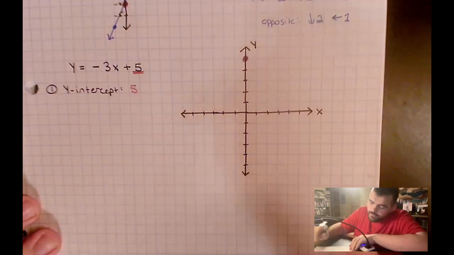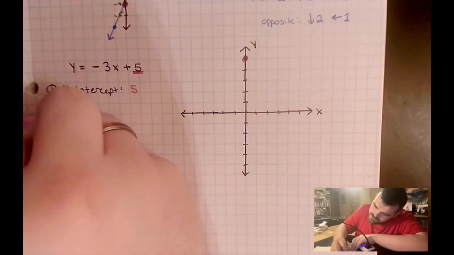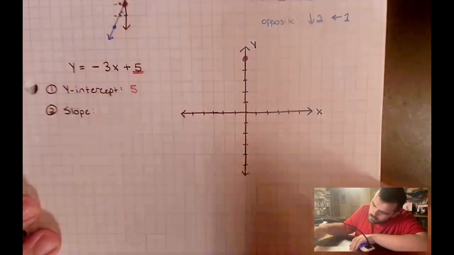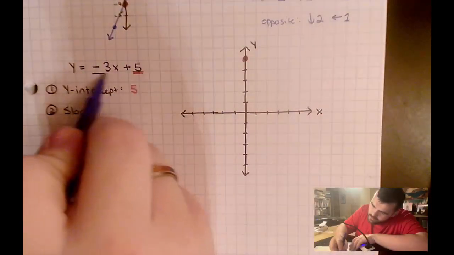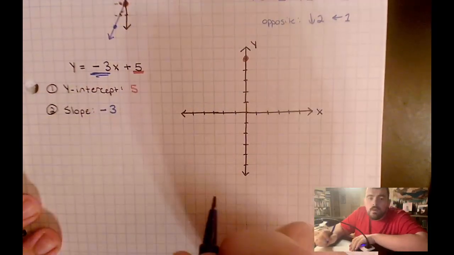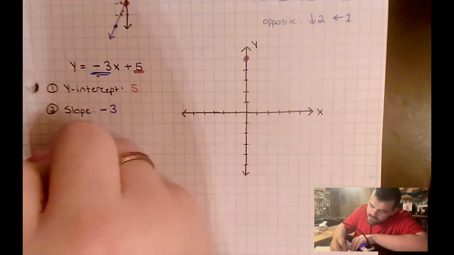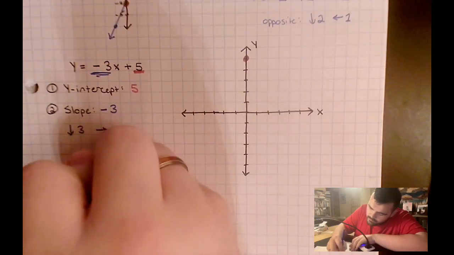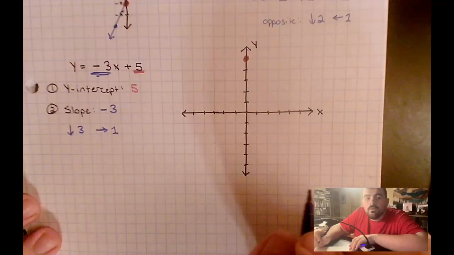It's 5. Then, second step is use the slope, which is negative 3. Make sure you keep that negative in front of it. Now, because the slope is negative, we're going to go down 3 for every 1 step right.